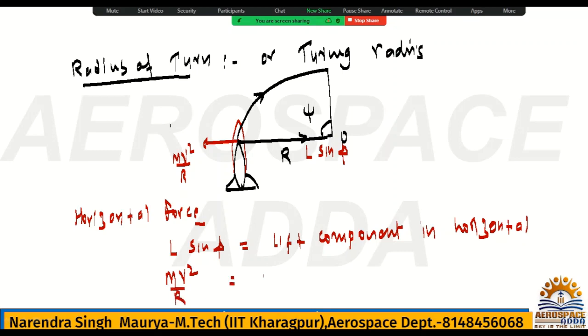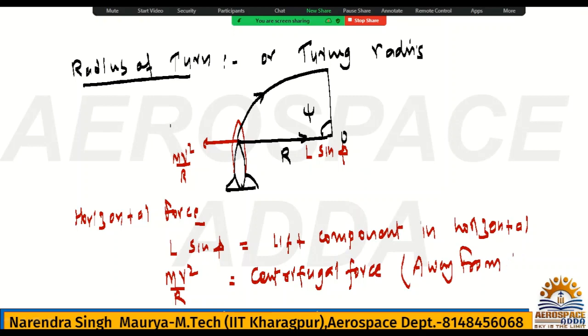It is centrifugal force. And centrifugal force is what? Away from center, and this force is what? Towards center. Yes or no?